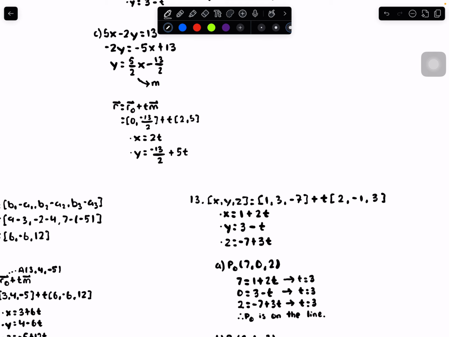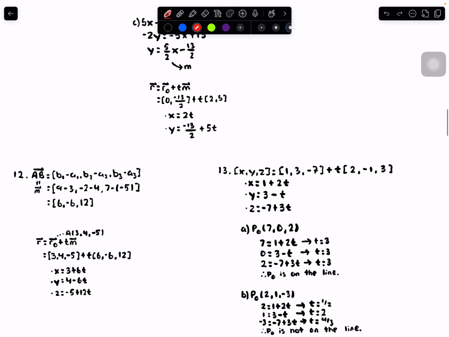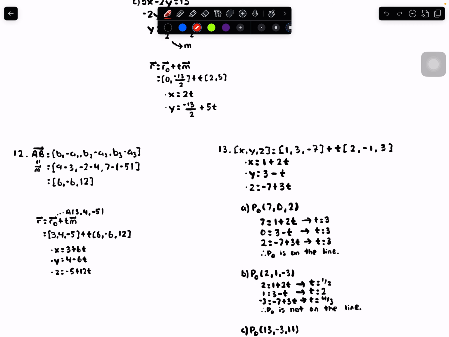So my parametric equations: x equals 1 plus 2t, y is equal to 3 minus t, and z is equal to -7 plus 3t. Always remember to put x, y, z on the left, that's what it's equal to. Okay, I found my parametrics.